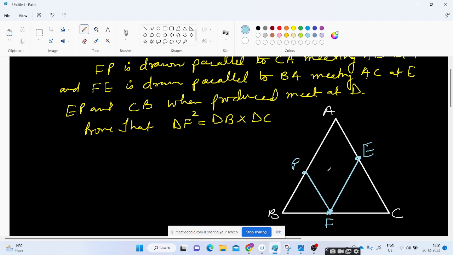If EP and CB are produced, so if we produce them, so if EP is produced and this BC is produced, okay, they will meet at a point D. So they are going to meet at D.